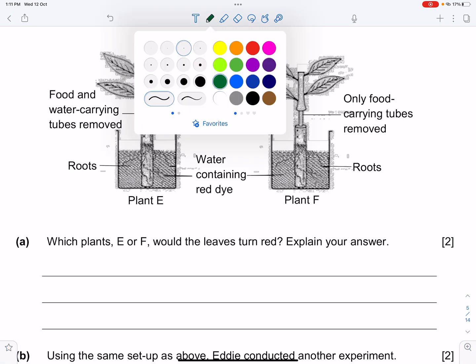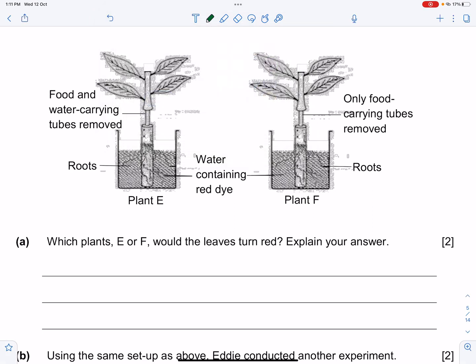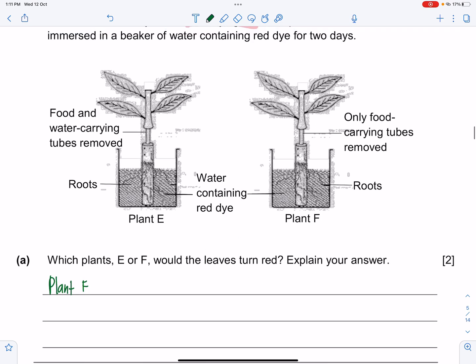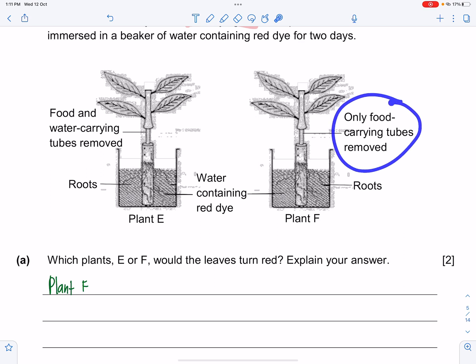So basically, your answer would be plant F. Why? Because when you think about it, in plant F, okay, only the food carrying tubes were removed.